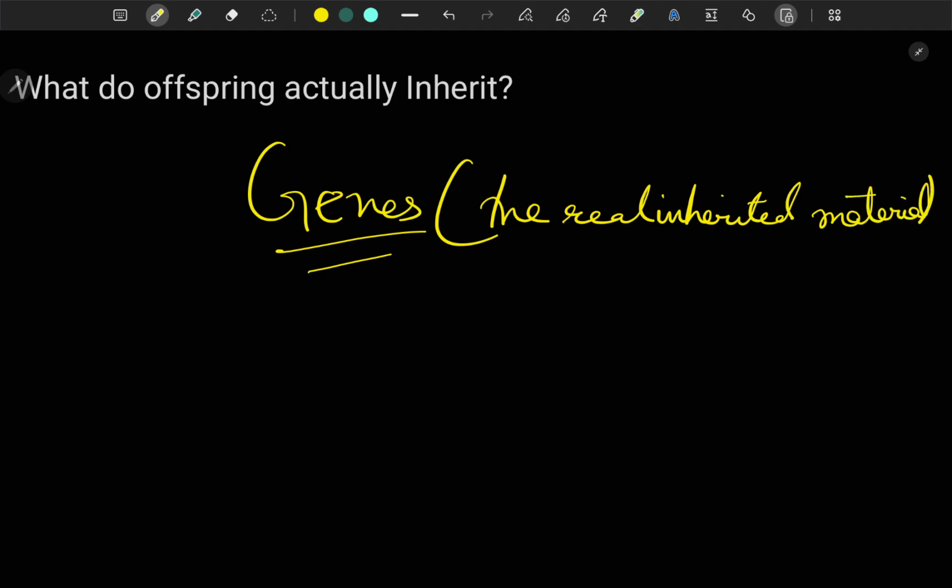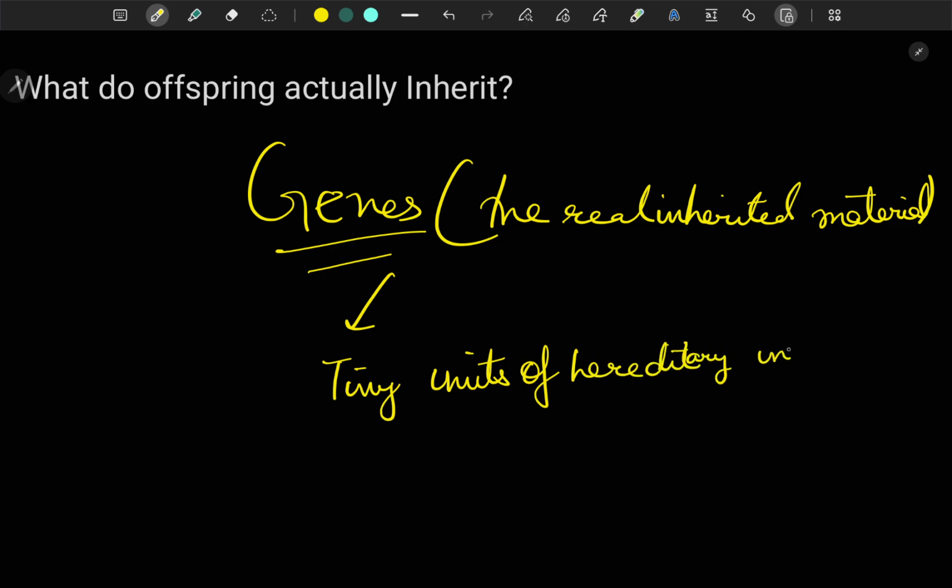The parents pass down genes to the children, tiny units of hereditary information. These genes are the biological connection to your parents and explain why family members look alike, with similar eye color, hair texture, or freckles.